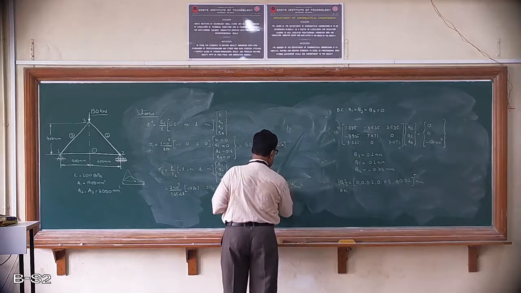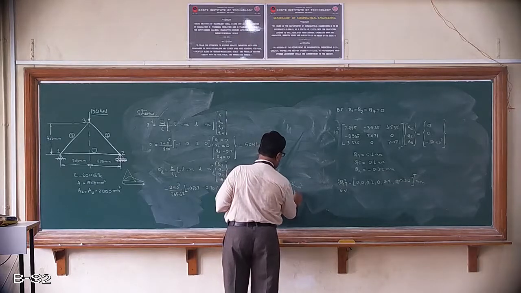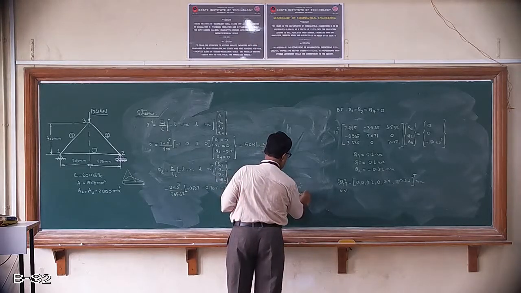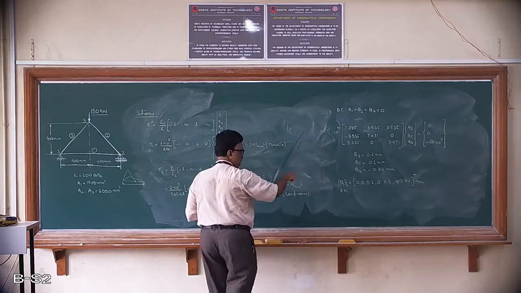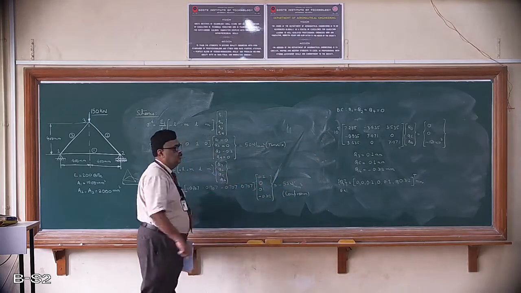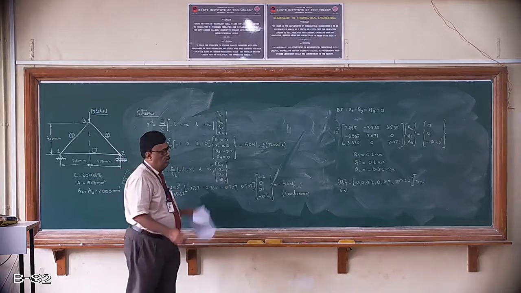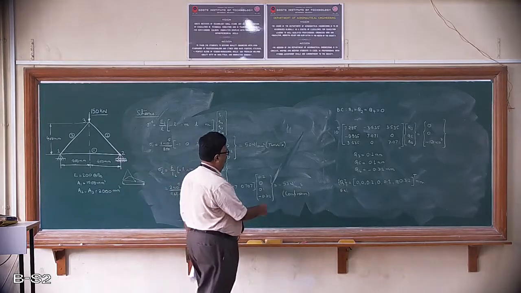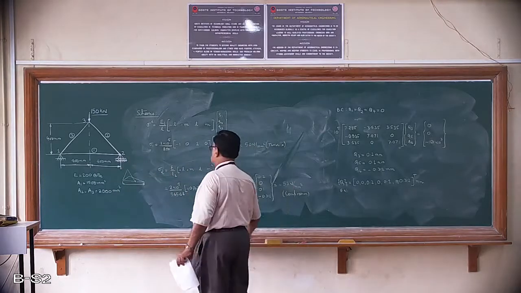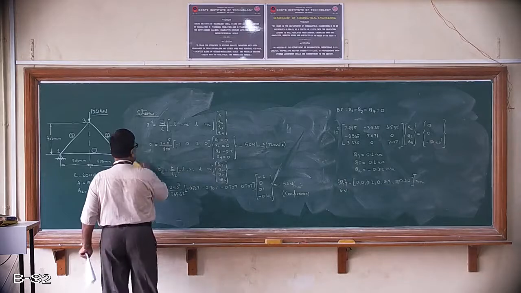So that means this member is under compression. Because the load is coming down, though node 2 is moving forward, the displacement of node 3 is coming downward, so this second member is under compression like this. So this is how you can find the second stress.